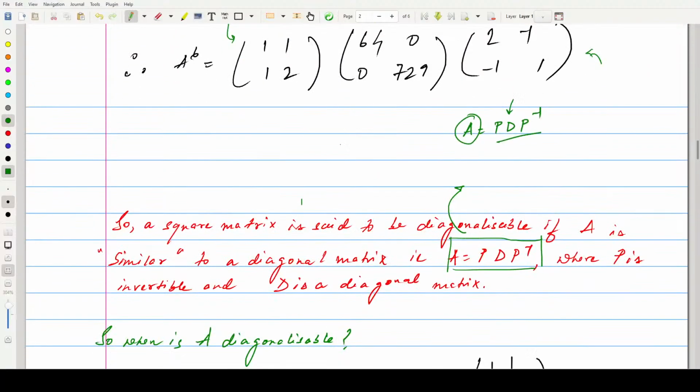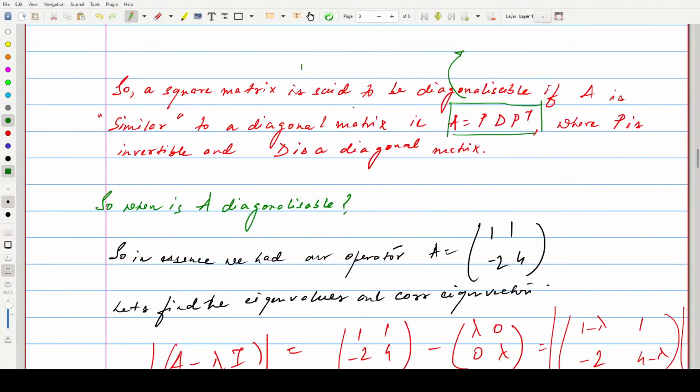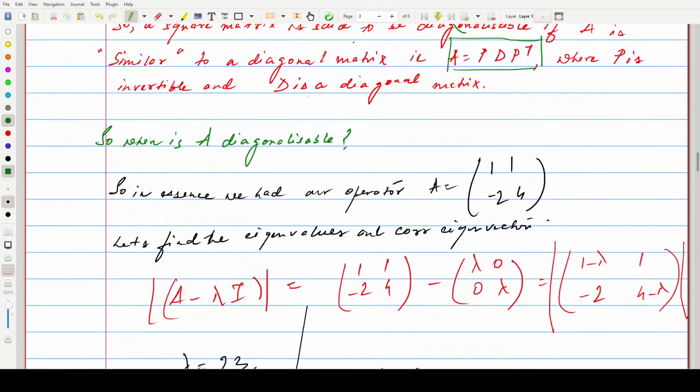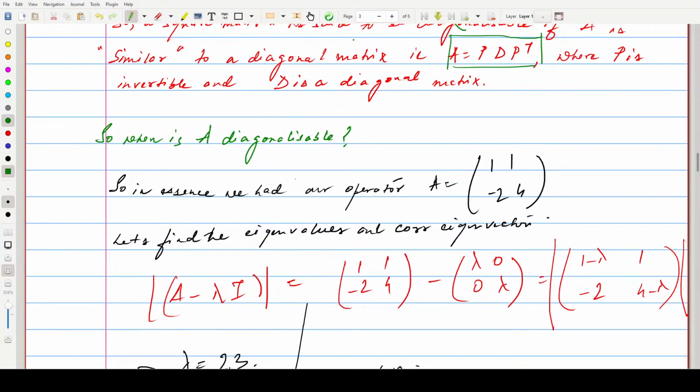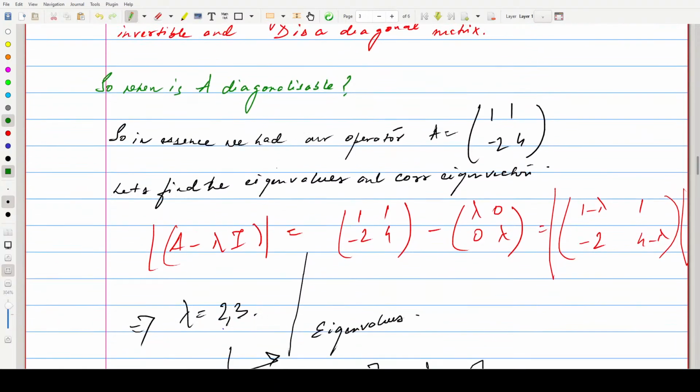So what we're going to do now is study when a matrix A is diagonalizable. In essence, we had our operator, which is 1, 1, minus 2, and 4, and let's just find our corresponding eigenvalues and eigenvectors. That's easy enough, right?